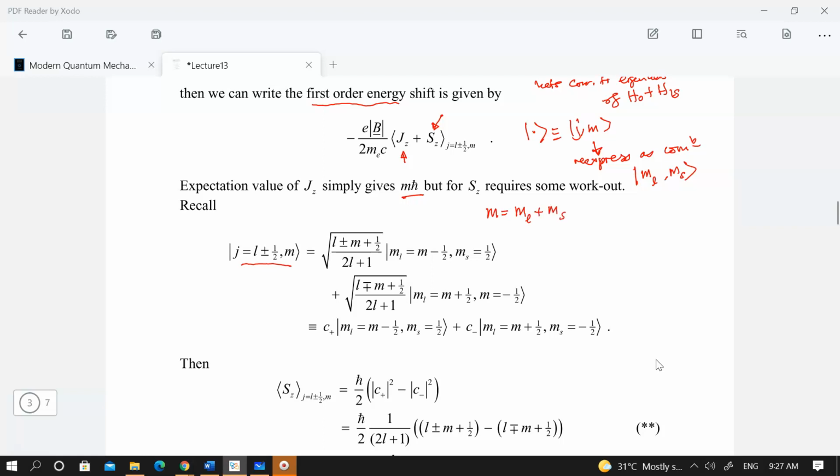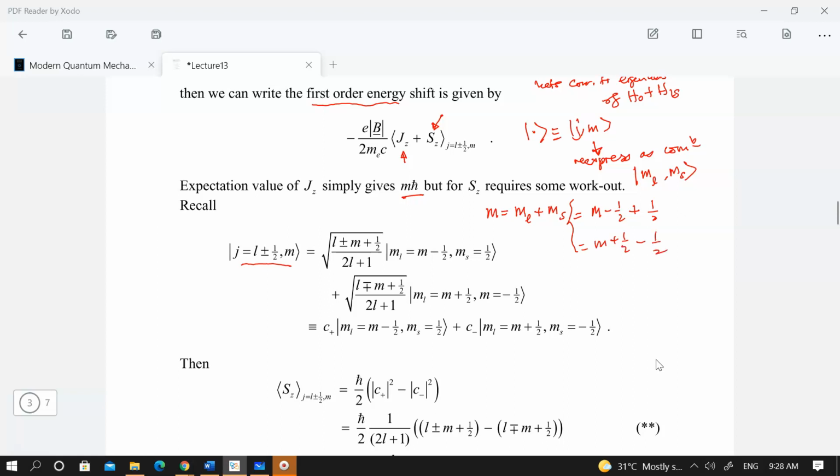So in this particular case, there are two possibilities. Your ML equals M minus a half, and then you add MS equals a half, so M minus a half plus a half gives you back your M. Similarly, either you get this or you get M plus a half and MS minus a half.